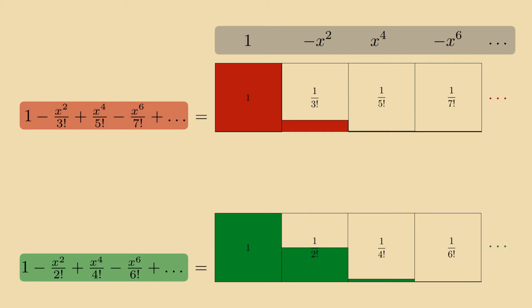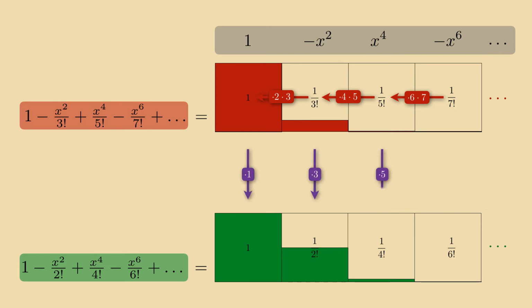The coefficients in the upper series are connected by factors 2 times 3, 4 times 5, 6 times 7, and so on, and multiplying them by 1, 3, 5, 7, and so on, respectively, gives the entries of the lower series.